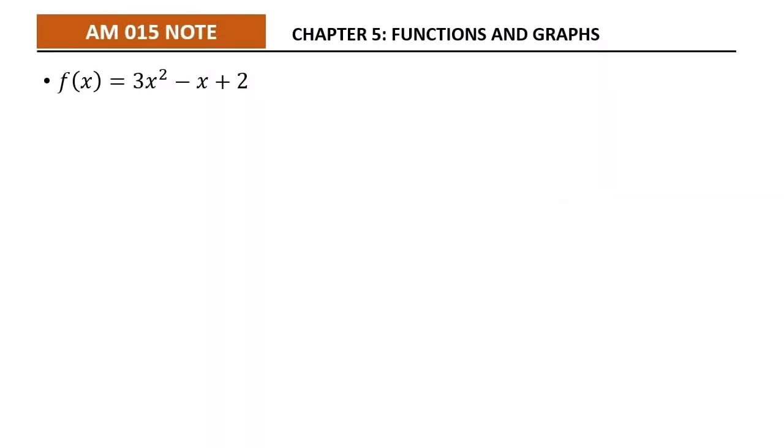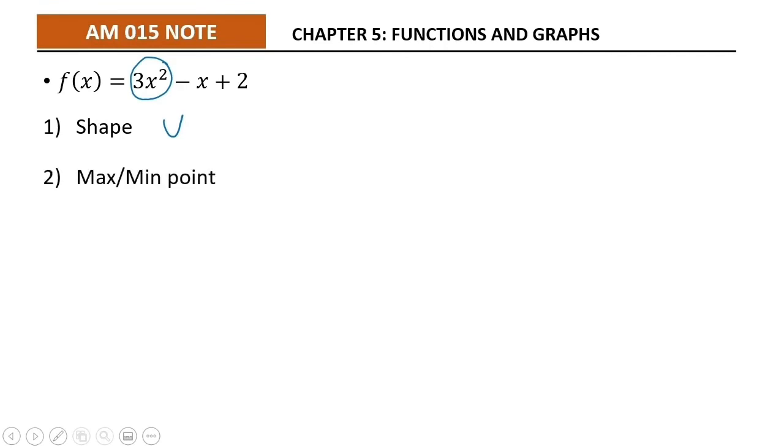Next example, f(x) equals 3x squared minus x plus 2. Shape: look at the x squared term, it is positive, so smile graph. Maximum or minimum point: x equals negative b over 2a, negative negative 1 over 2 times 3, which is 1 over 6.